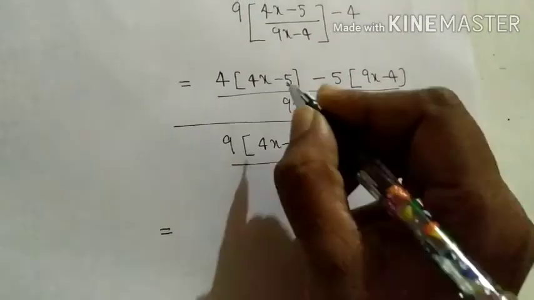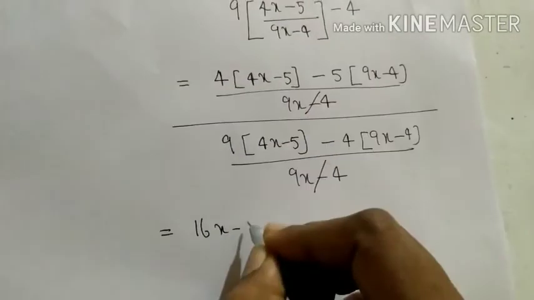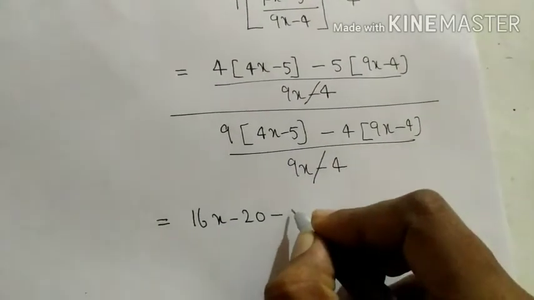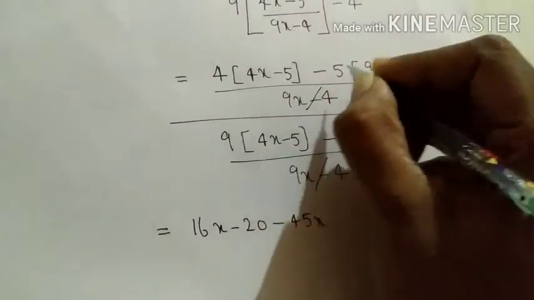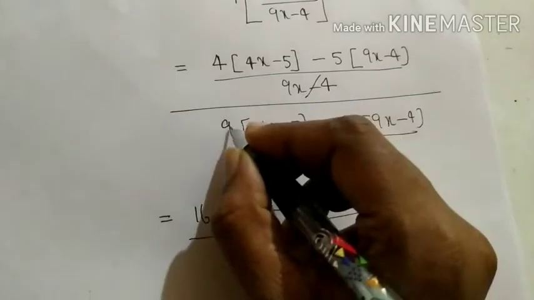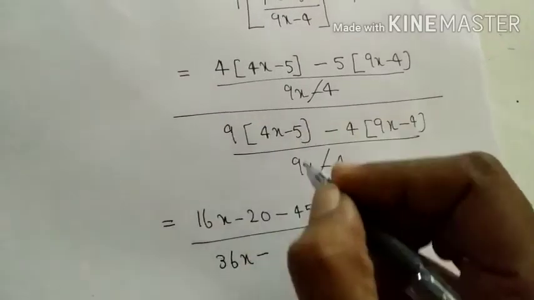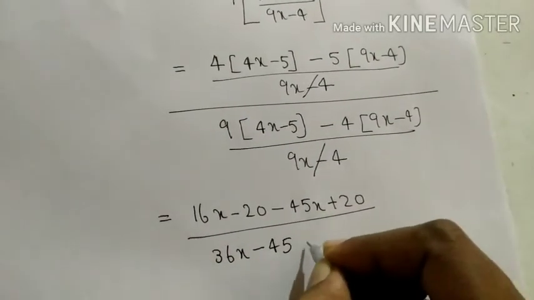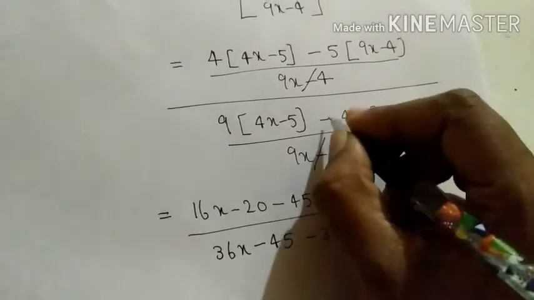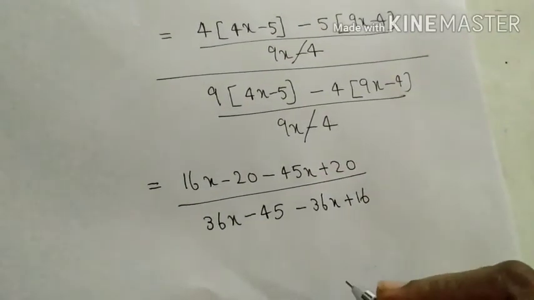And we get, opening the bracket, 16x minus 20 minus 5 into 9x, which becomes 45x, and minus 5 into minus 4 becomes plus 20, whole divided by 9 into 4x, that is 36x, minus 9 into 5, that is 45, minus 4 into 9x, meaning minus 36x, and minus 4 into minus 4 becomes plus 16.